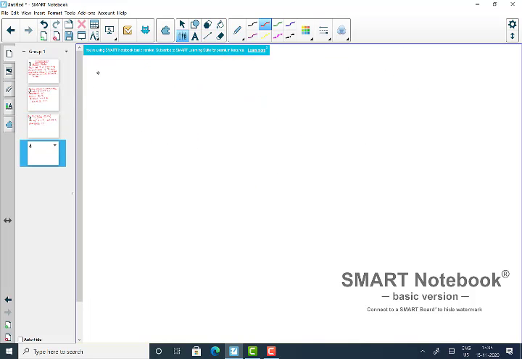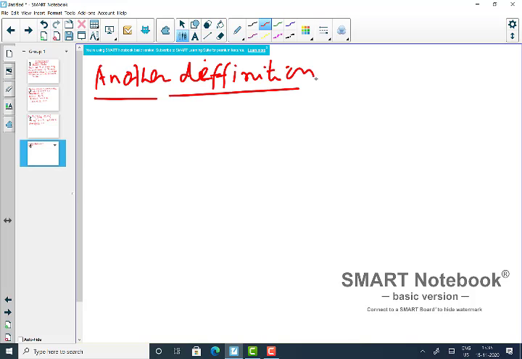Equivalently, as I was saying, you can have an equivalent definition. Another definition. They are equivalent actually. So instead of for everything, if it is true for one, then you can define it.